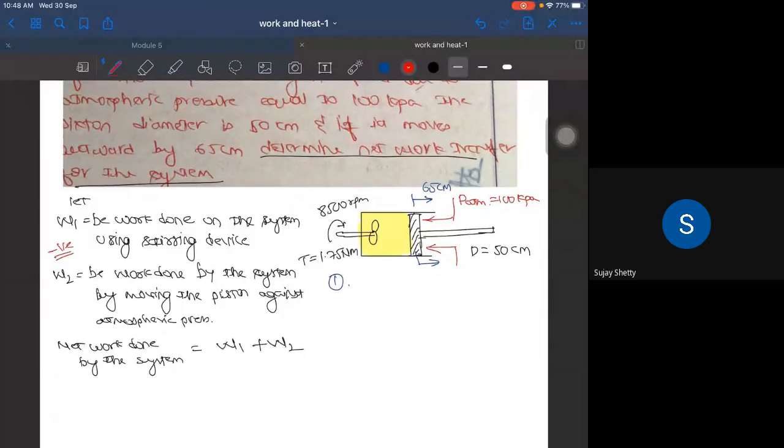Okay, let me check your attendance. Shetty Sujay. Okay, you were absent for many of the classes, right? In the initial ones. Yeah, sir. So just copy the notes, very predominantly copy the notes.